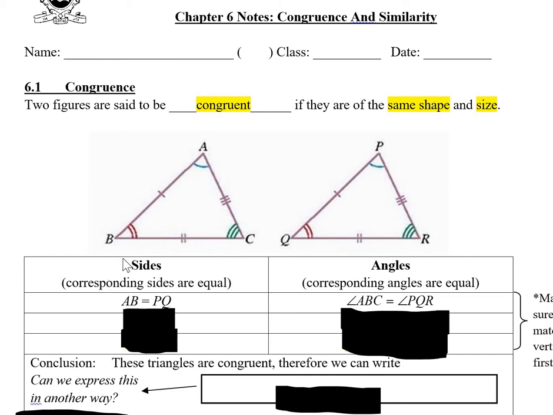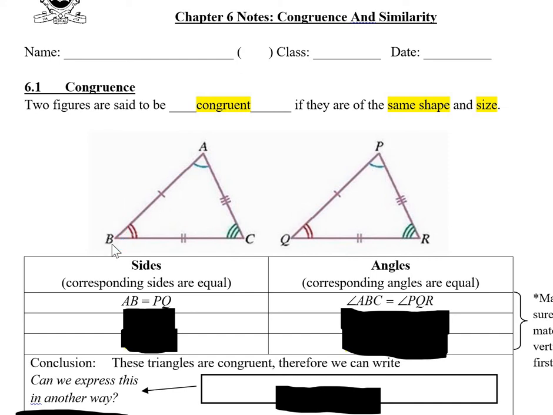Let's look at the sides first. When they are congruent, it means that corresponding sides are equal. So an example is given to you here that AB is also equal to PQ. So these two sides are corresponding. That means they are the same side of the triangle. That's why they are equal.